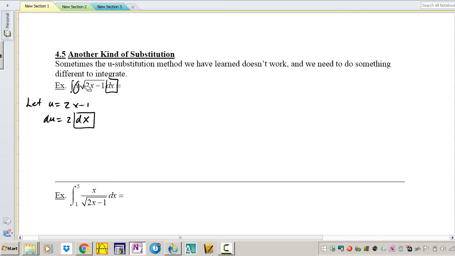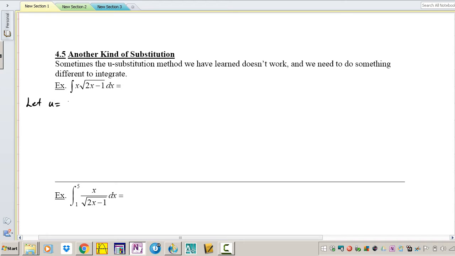I can see that letting 2x minus 1 equal u is a mistake, so maybe I can let u equal x. Maybe the other one might work. du equals dx. Well, what about the square root of 2x minus 1? That cannot be replaced with anything. So I noticed that u sub doesn't work the way I taught you. And you're probably thinking he lied to us. Well, here is the 1% where u sub doesn't work.